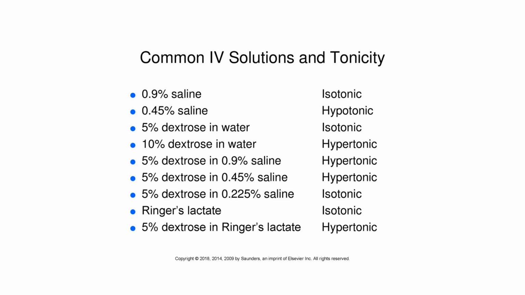10% dextrose in water. We can use that for someone who comes in hypoglycemic sometimes. We can use that for someone who's receiving TPN, but the TPN has run out and there's none available in the short term.